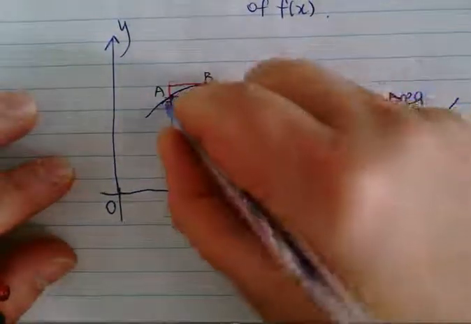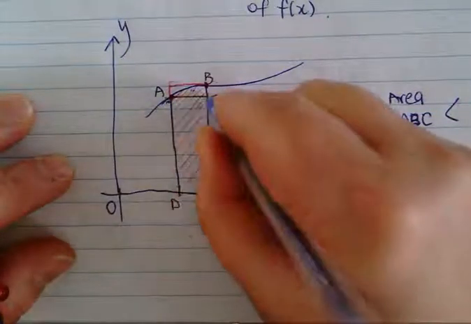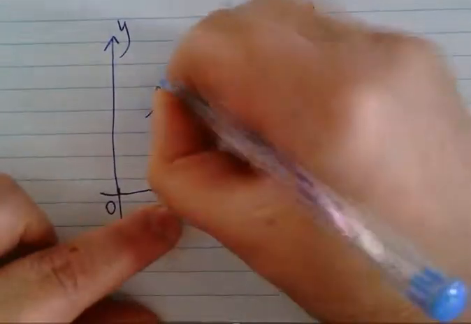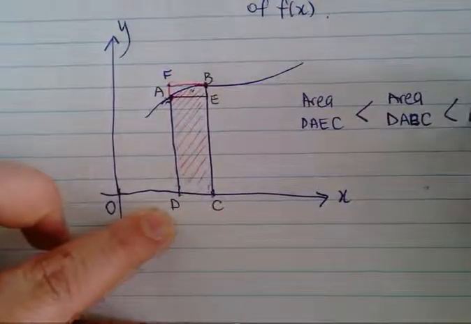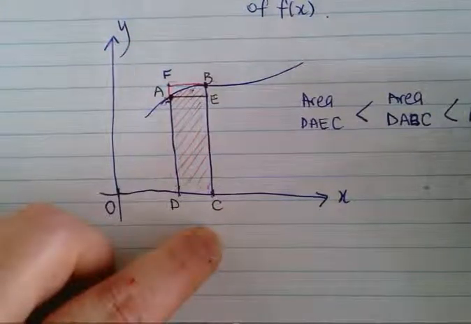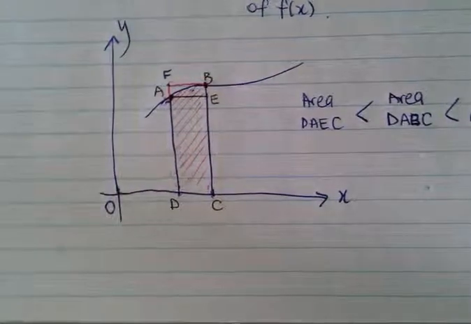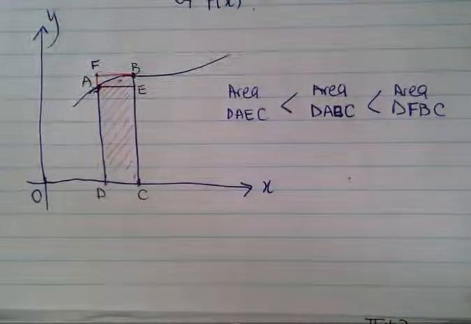So area DABC is greater than area DAEC, but it's less than area, I'll call this point F. You tell me what's my higher rectangle. DFBC. Do we get that? Yes.